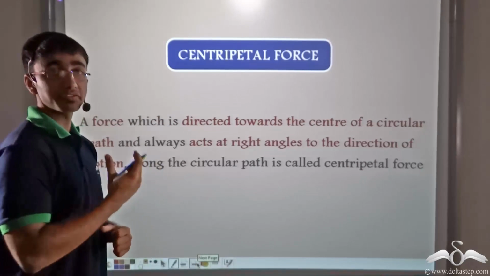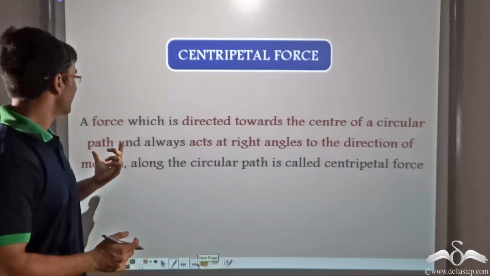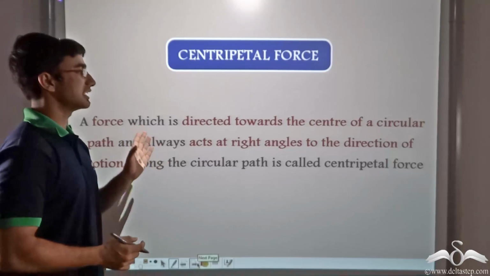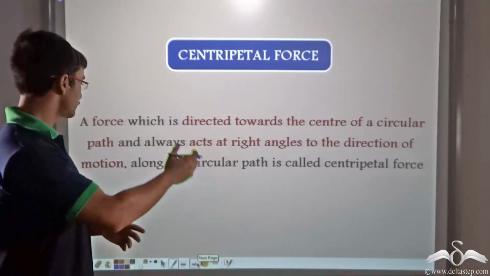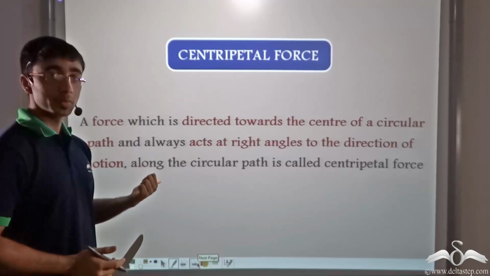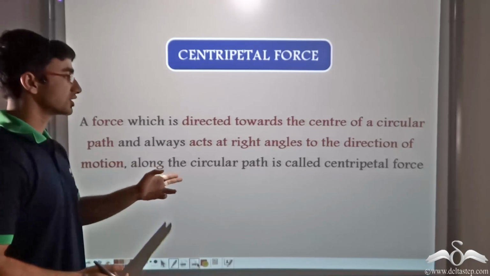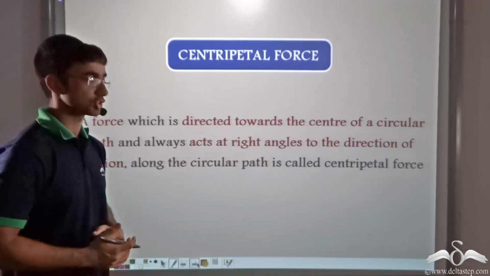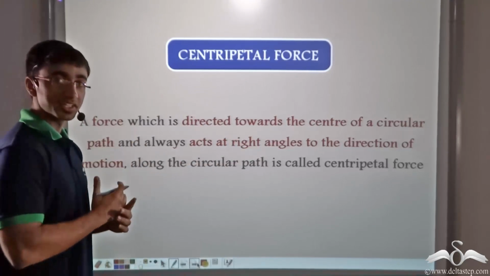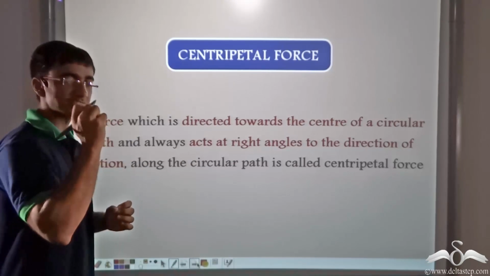Thus, we now define centripetal force. Centripetal force is a force which is directed towards the center of a circular path and always acts at right angles to the direction of motion along the circular path. Now again, in this definition, there are certain key aspects.